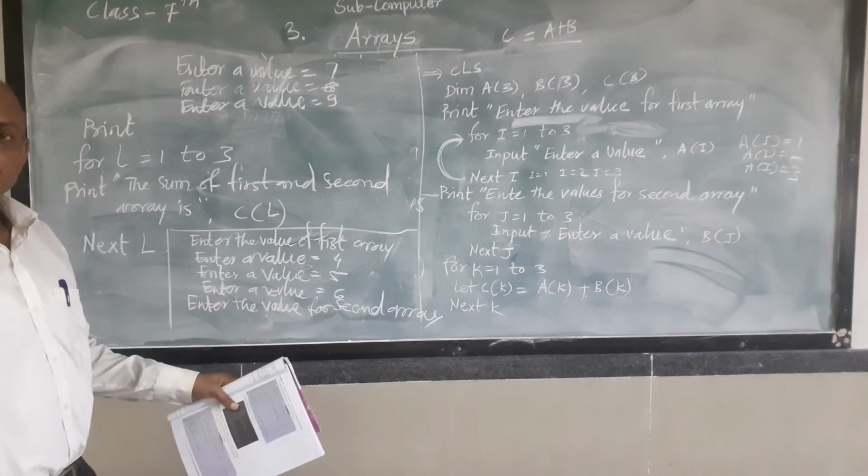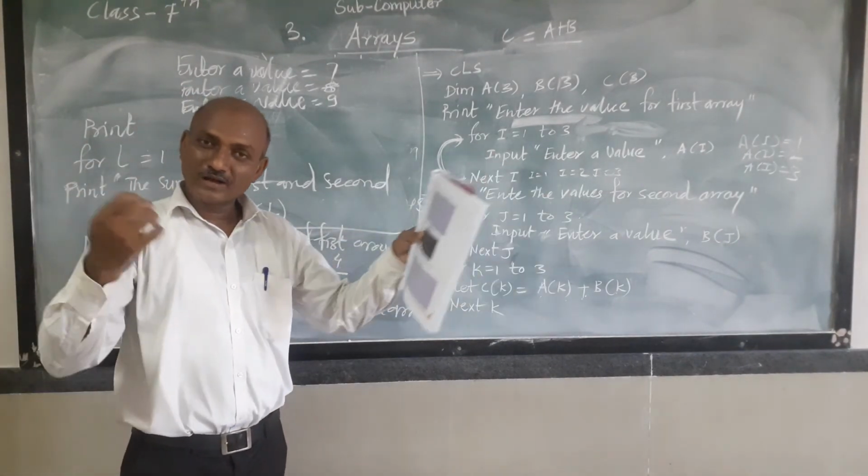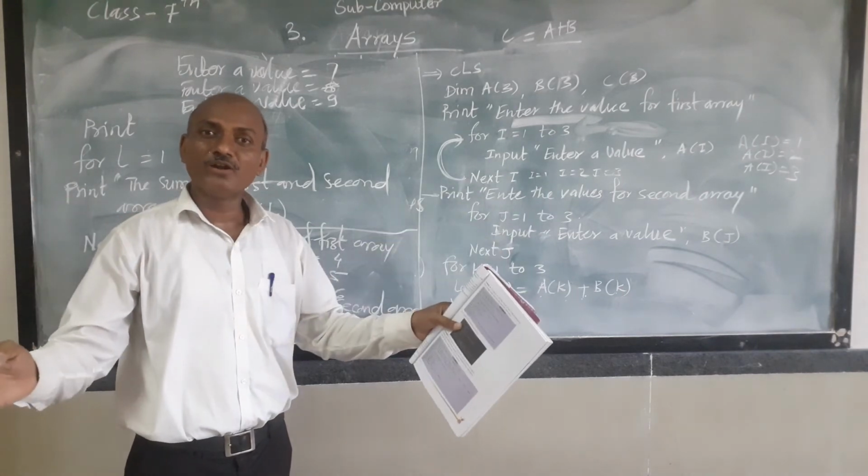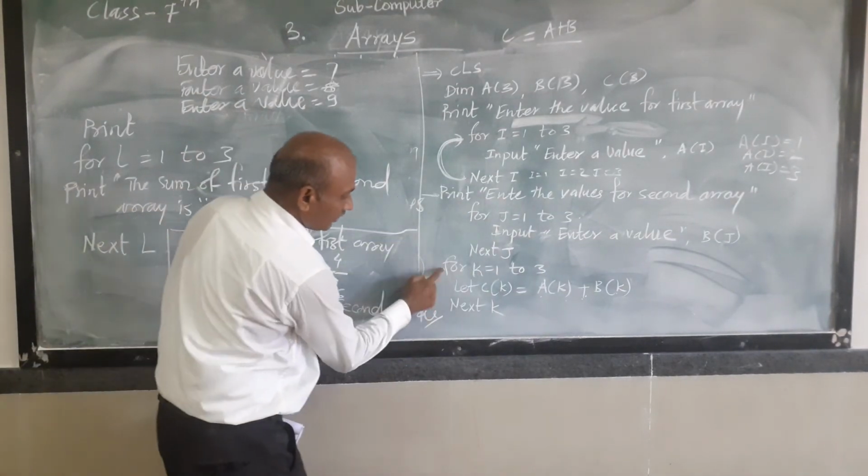The second array is complete. The 2 array values have come to us. Now we can calculate these 2 array values here.